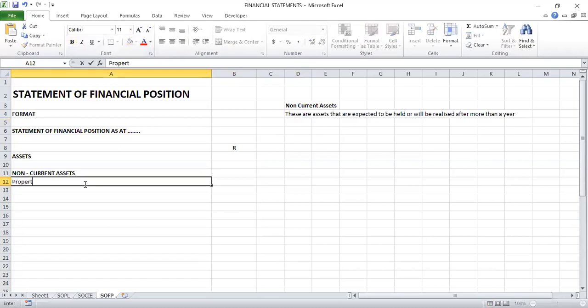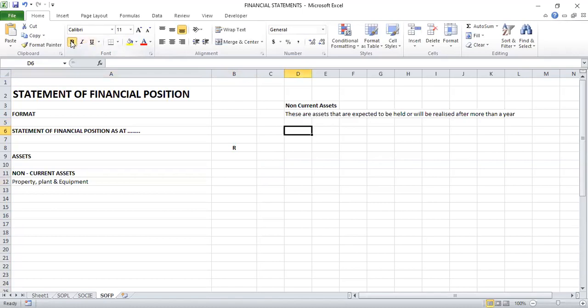Our non-current assets, we normally have two. That is property, plant, and equipment. What do we mean by property, plant, and equipment?